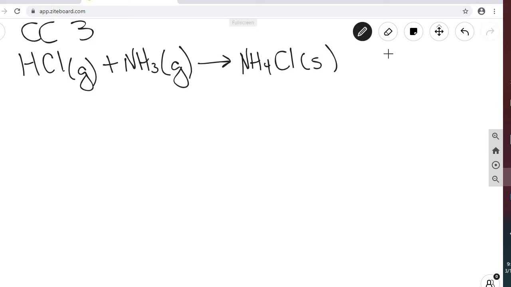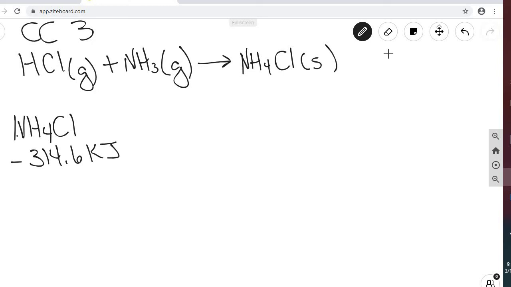So we're going to take the products minus the reactants. So NH4Cl in its solid state, and we just have one of those. So NH4Cl as a solid is negative 314.6 kilojoules.